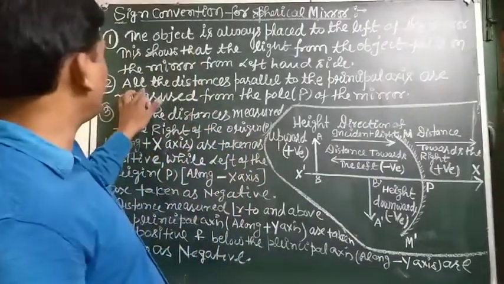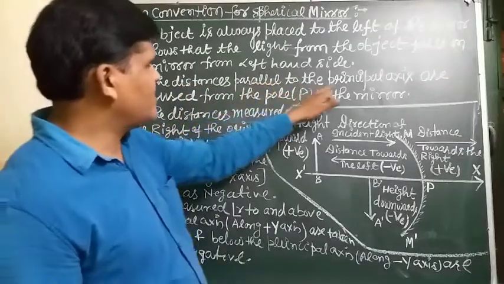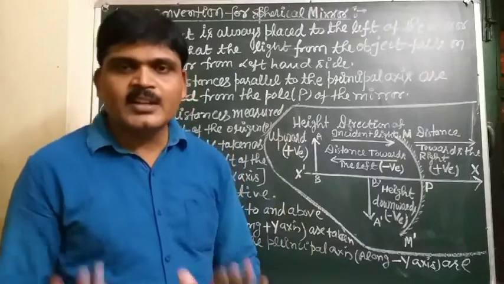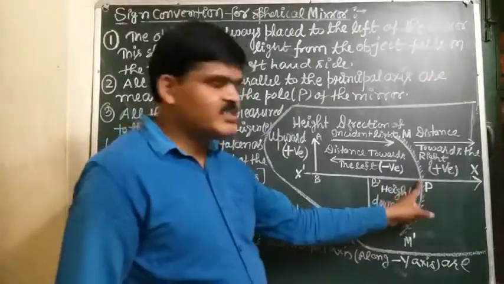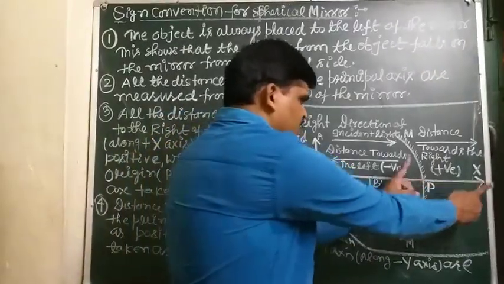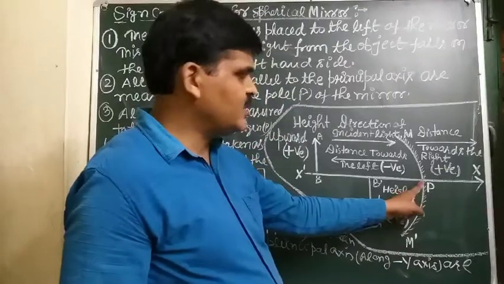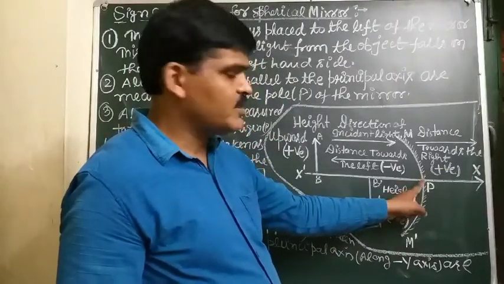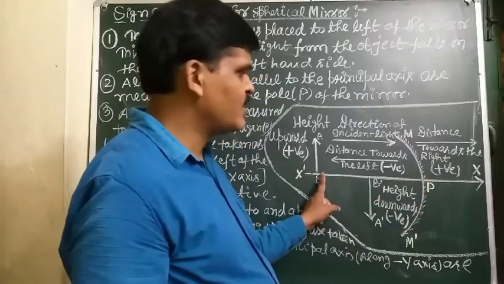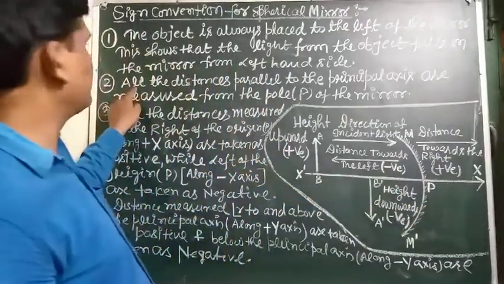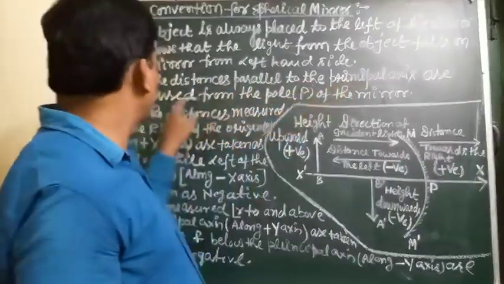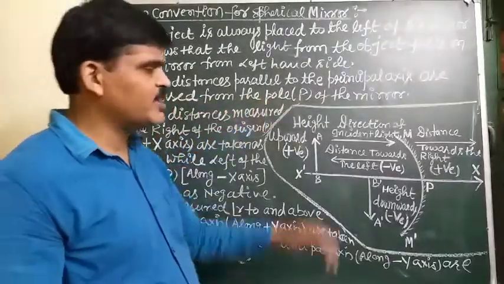Second property: all the distances parallel to the principal axis are measured from the pole of the mirror.